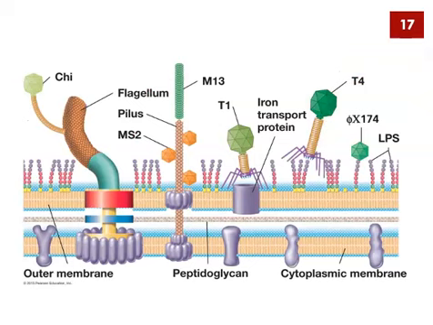I put this picture in because this is an artist's depiction of just how small viruses are. The artist has drawn a section of the membrane and the cell wall of a gram-negative bacterial cell. So just a little piece of the membrane and the cell wall. This is the cell membrane down at the bottom. So this would be the cytoplasm here. This is the outside of the cell right here.